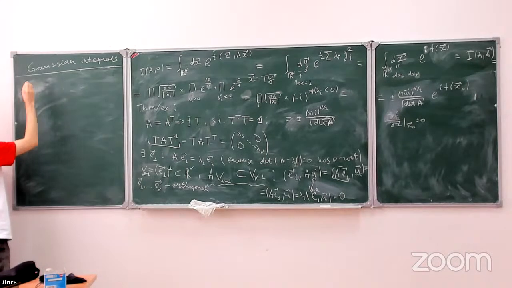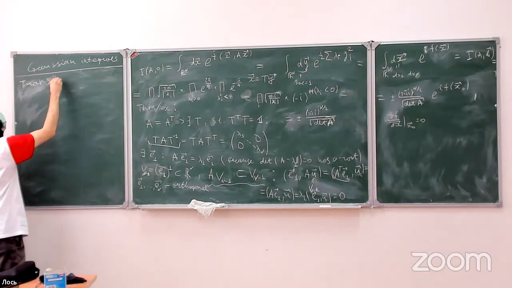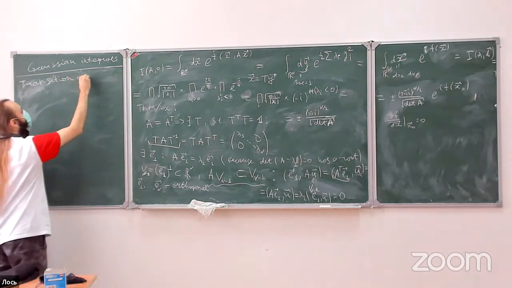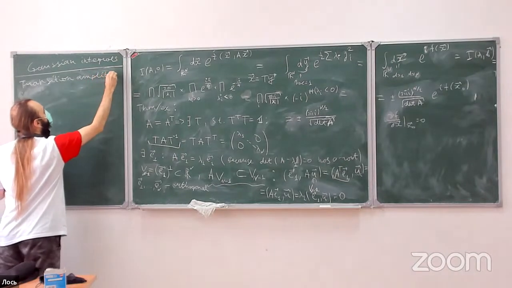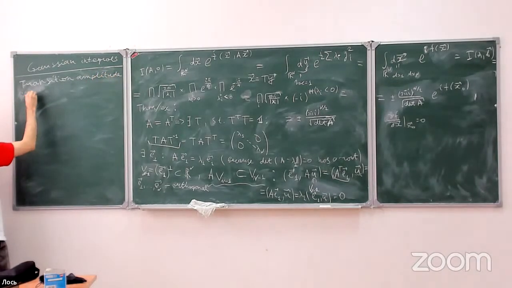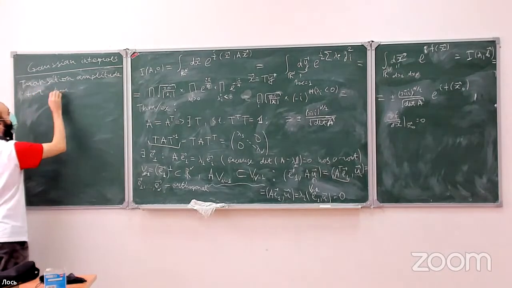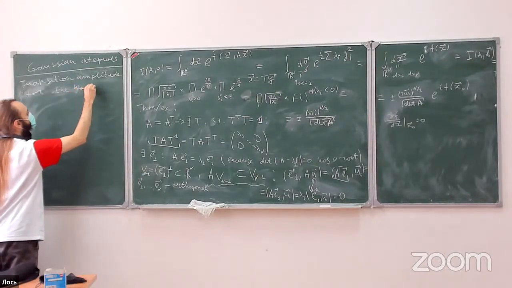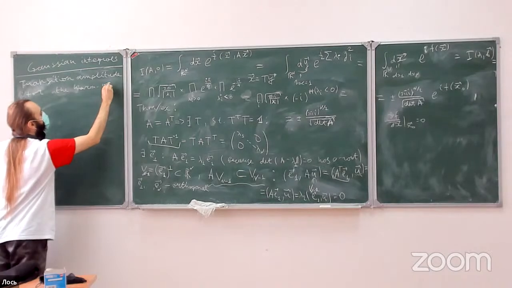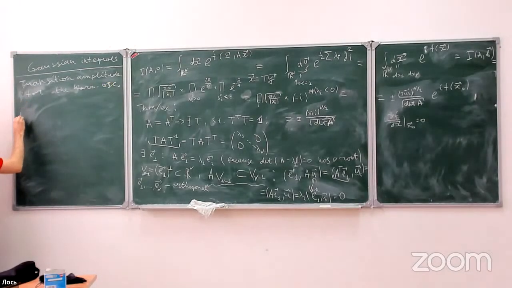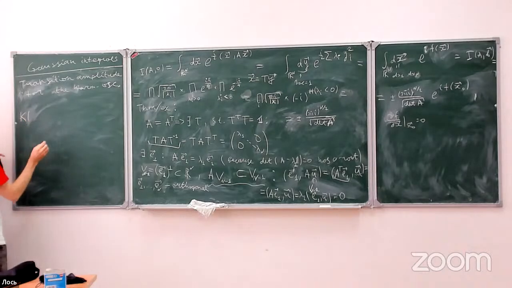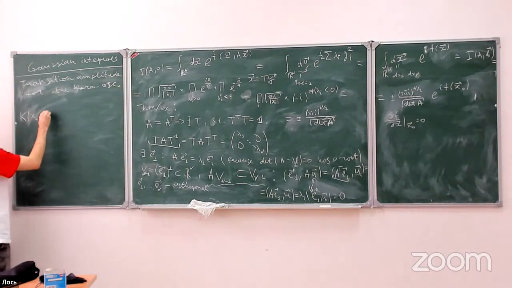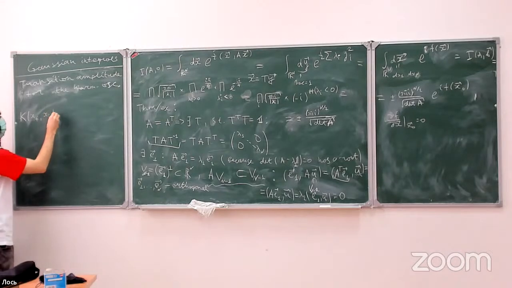Okay, so we want to compute this for a harmonic oscillator. So it's this function which depends on x final, x initial, and t. Okay, big T.